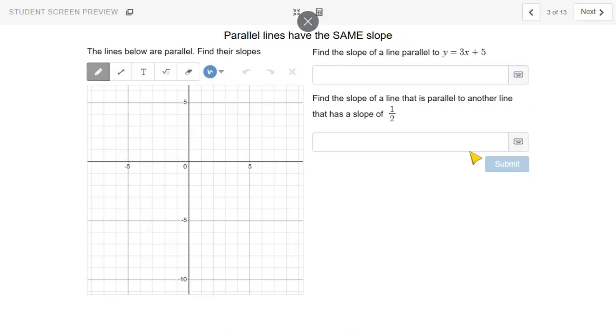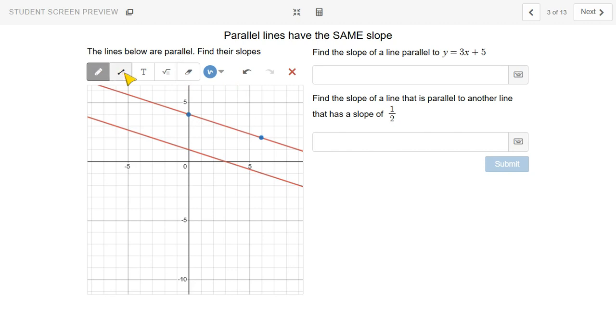Let's examine this more in these examples. The lines below are parallel. Find the slope. So we are going to find the slope by finding 2 points, and we're going to do this for both lines.